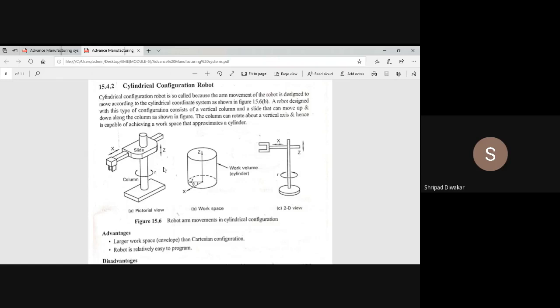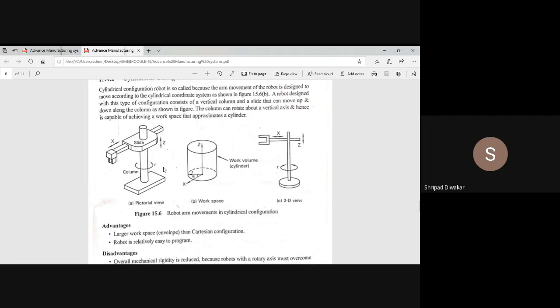It is cylindrical configuration. Okay, so first see the configuration. First one is base. On the base we are having column. On the column we are having the slide. So the arm is fixed to the slide, so that this column can rotate about the vertical axis, and hence it is capable of achieving the workspace, that is approximately the cylinder.